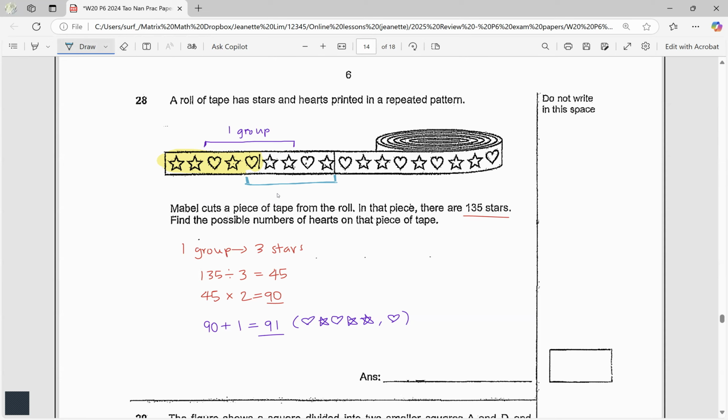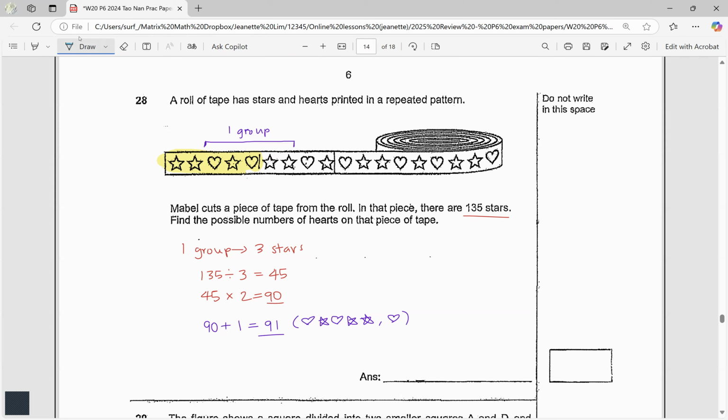Okay, now instead of adding one more heart, let's look at whether it is possible to remove a heart. For example, the yellow one. You look at the original yellow one.